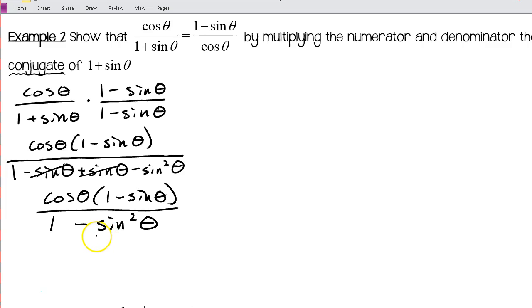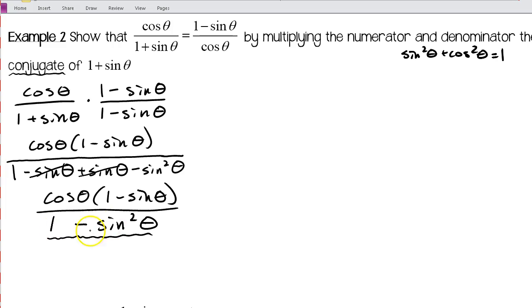I know when I see something like this, this reminds me of my Pythagorean identity. I'm just going to write this up in the top, where I have sine squared theta plus cosine squared theta is equal to 1. So there's a couple different ways that you can deal with this. The way that I like to do this is by rearranging my Pythagorean identity to match my problem.